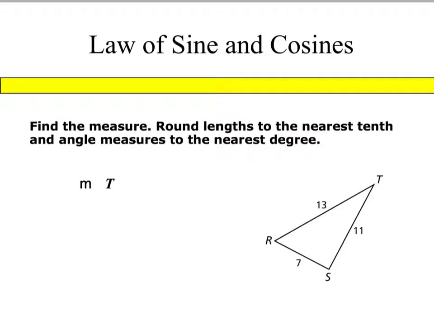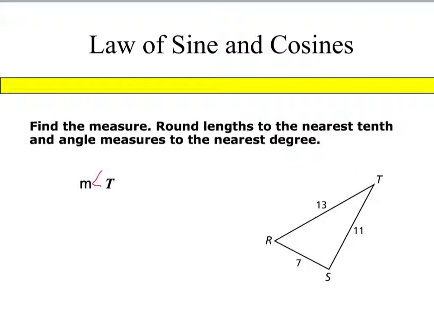All right, now we are going to be finding an angle measure, angle T. Normally we said our A is going to be that missing measurement. Now if you notice, there is no missing side measurement.